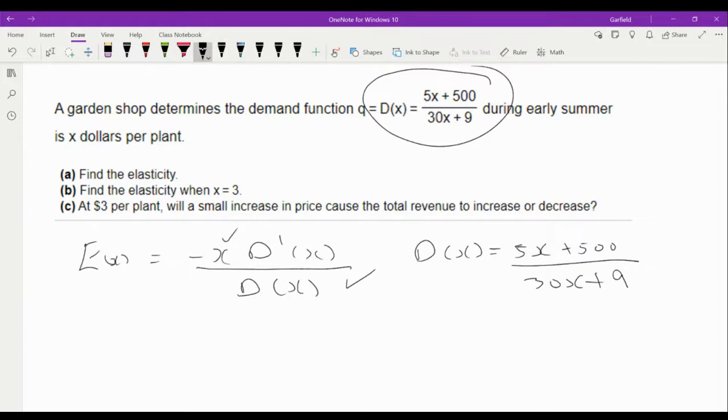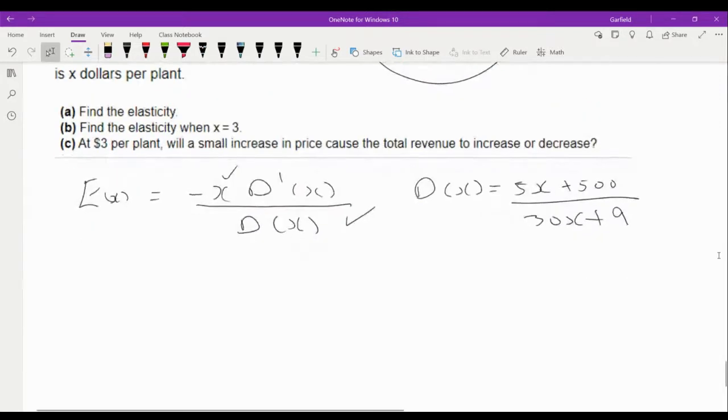So which rule are we going to use? The quotient rule, very good. This is why it becomes a little cumbersome, because of all this division.